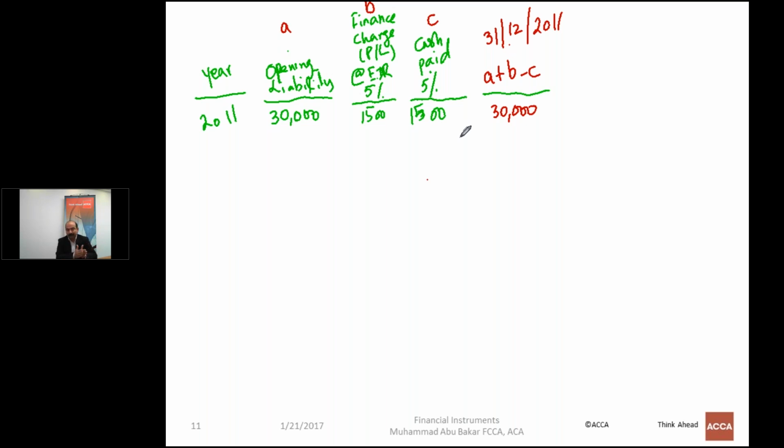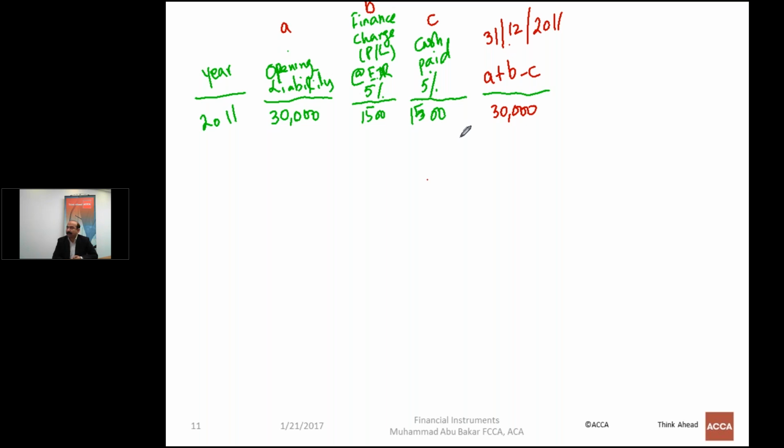This means we will continue our calculation as we did yesterday, as we did in case of amortized cost. But at the point where market interest rates of similar debt are changing, at that point we will recalculate the fair value of this instrument.